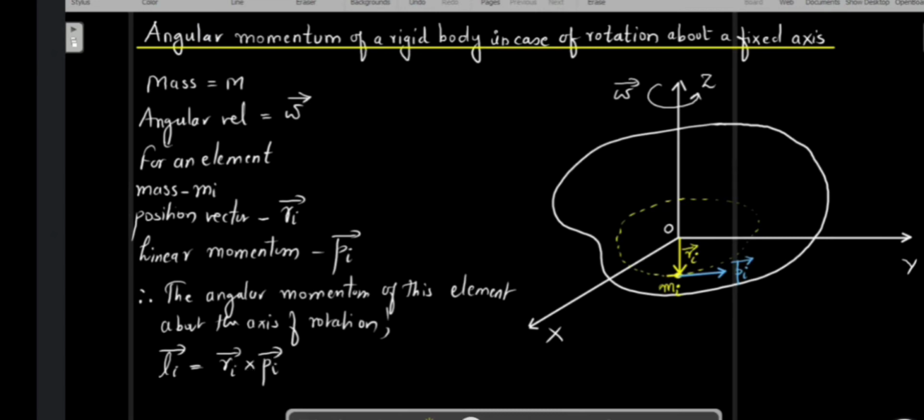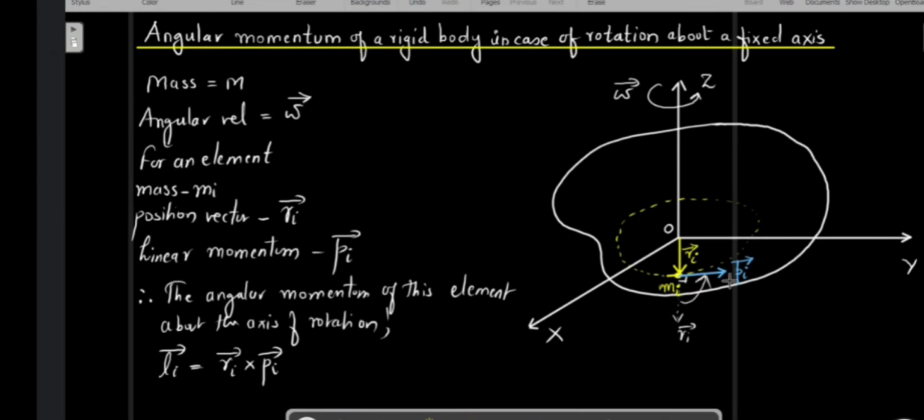So what is the direction of Ri? Ri is in this particular direction, and this is Pi. So obviously the radius is at 90 degrees to the tangent, so the angle between Ri and Pi is 90 degrees. So apply the rule: take your right hand and curl your fingers from the first vector to the second vector, that is from Ri to Pi.